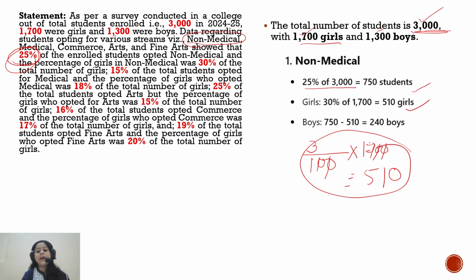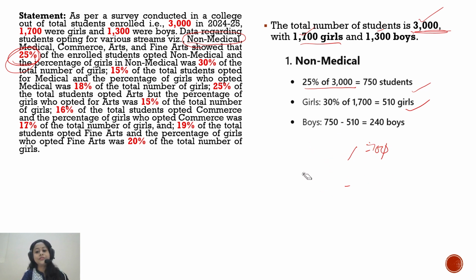In this way you can find the absolute number of girl students opted for the non-medical course. Once you have these 2 pieces of information, total number of students and girl students, the only one left is boys. So just subtract the number of girl students from the total number of students and you will get the number of boy students opted for non-medical.